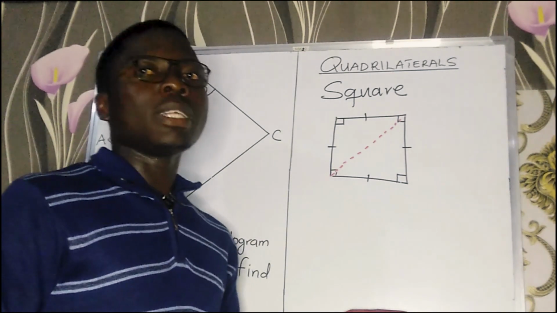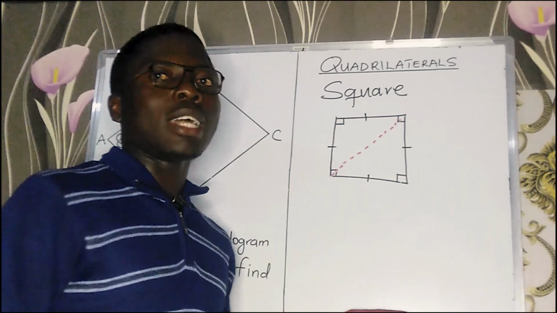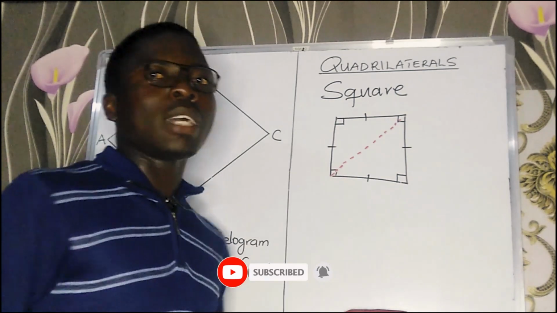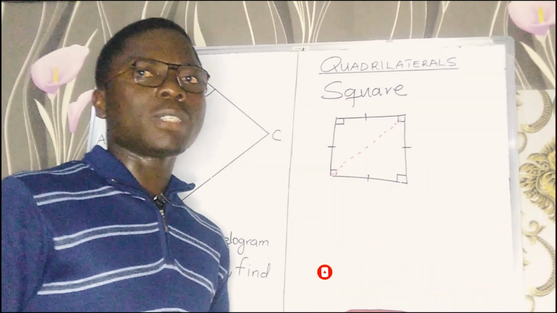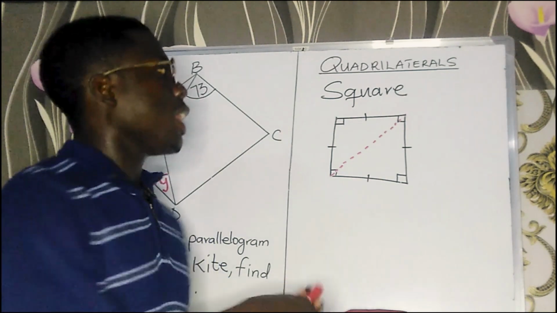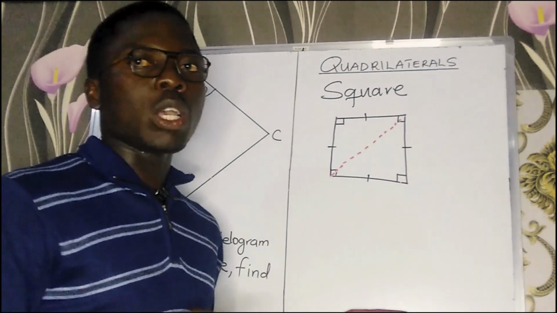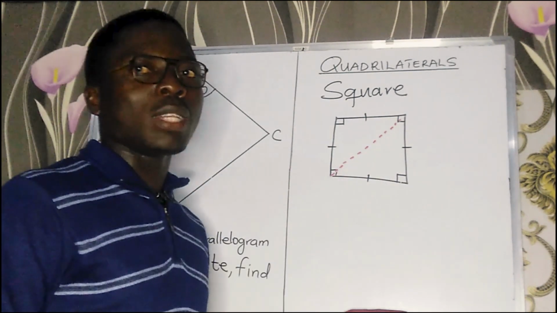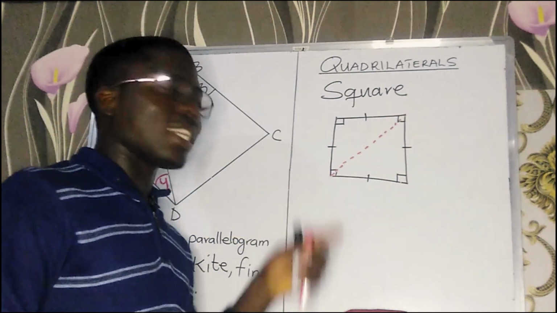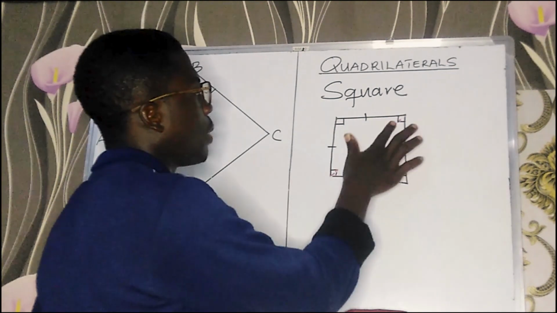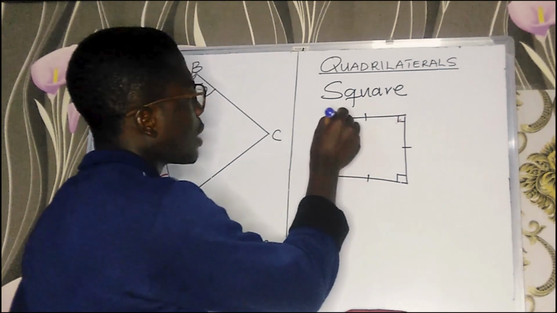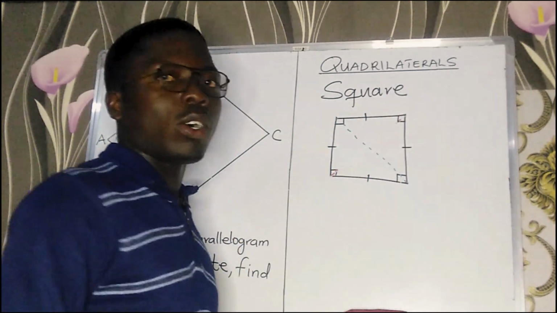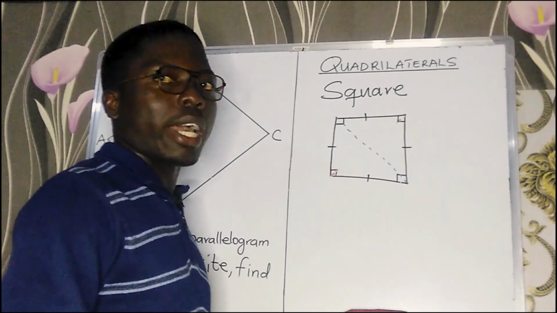We may have an instance where a line divides the diagram into two equal halves, but we can't fold one half exactly onto the other, and so it is not a line of symmetry. But in this situation, this line divides the diagram into two equal halves, and one half can be folded exactly onto the other. And so we have a first line of symmetry, and then our second line of symmetry this way. So far we have two lines of symmetry.